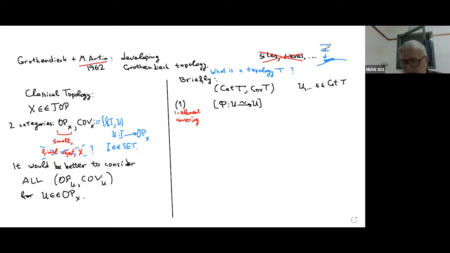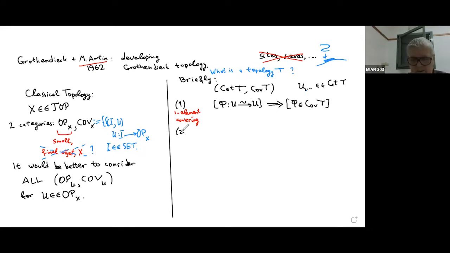For example, in algebraic geometry, we consider there the isomorphisms or non-ramified coverings, but still call them U and so on. So isomorphisms are the trivial coverings, so they belong to Cov T.